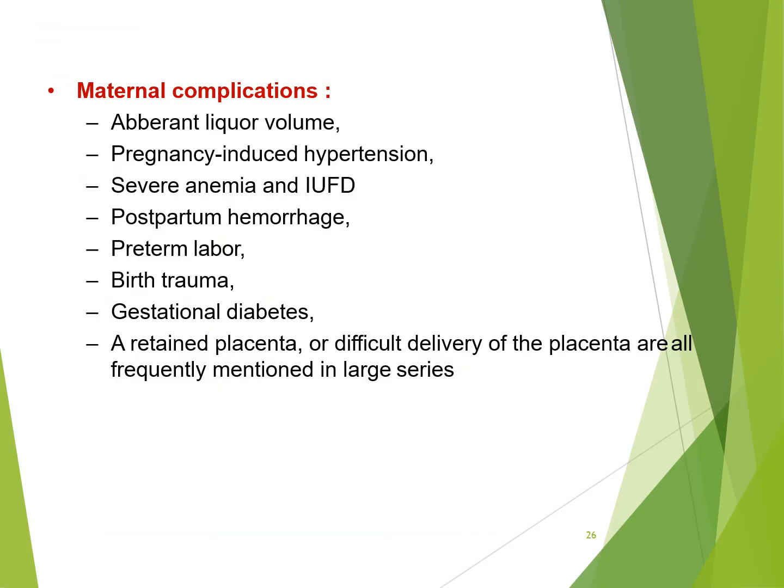Maternal complications of fetal hydrops: aberrant liquor volume, like polyhydramnios, may lead to rupture of membranes, cord prolapse after spontaneous rupture of membranes, postpartum hemorrhage, etc. Pregnancy-induced hypertension, postpartum hemorrhage, as we said, preterm labor because of polyhydramnios, birth trauma, gestational diabetes.